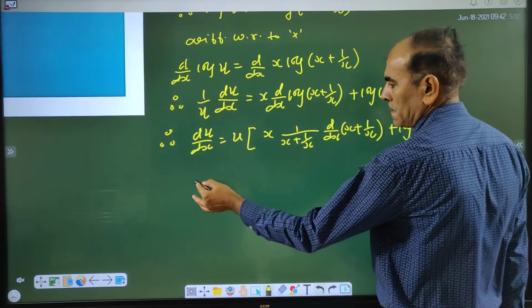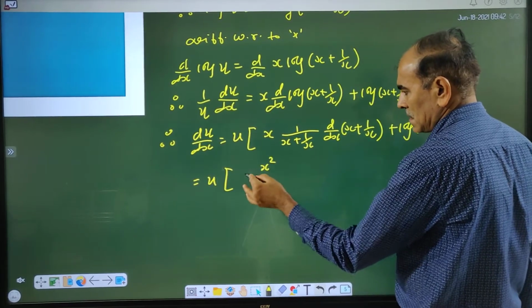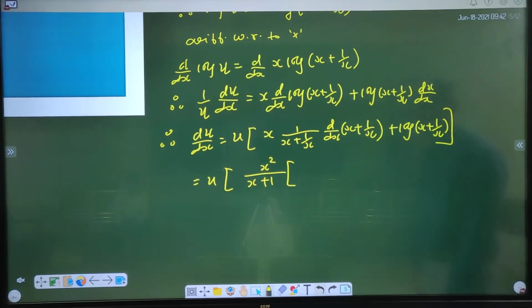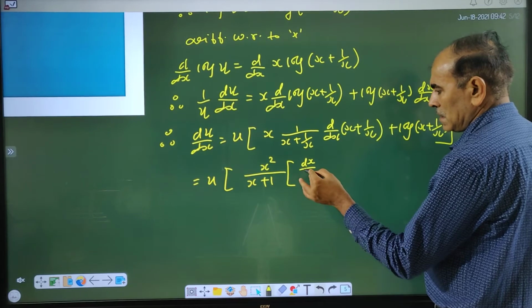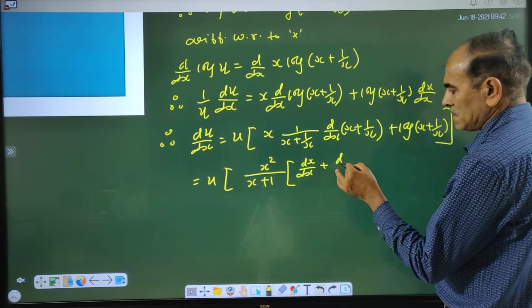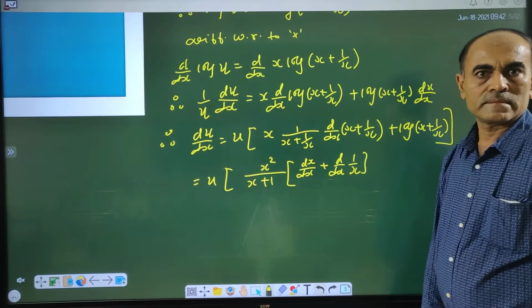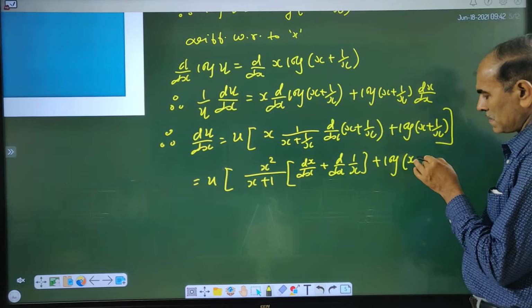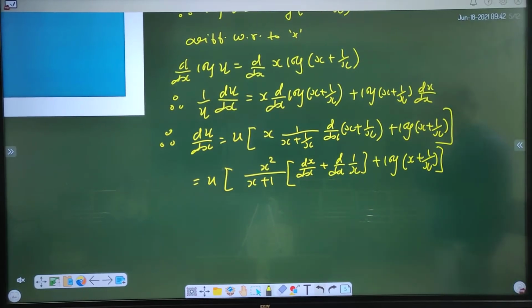See here, that is equal to u times, take x and see, x square over x plus 1. Now the derivative of both: dx by dx plus d by dx of 1 by x, plus log of (x plus 1 by x). Agree with me? Yeah.